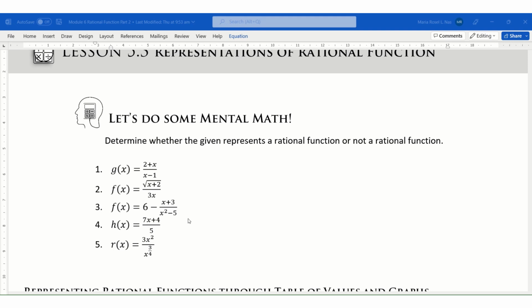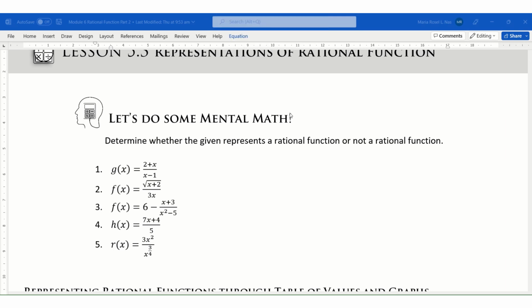So, therefore, this is a rational function. Number 4, since we have here a constant value sa numerator natin, this is not a polynomial function. And then, number 5, since meron tayong fractional exponent dito, x raised to 3/4, therefore, this is not a rational function.